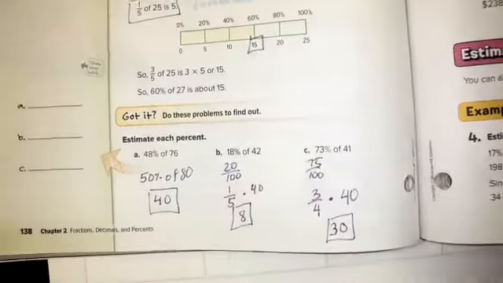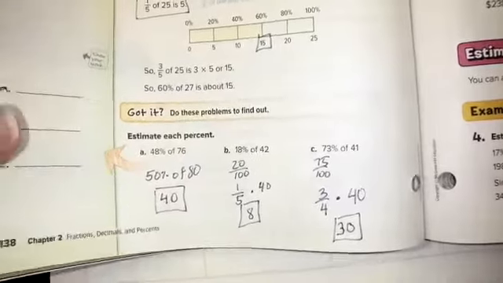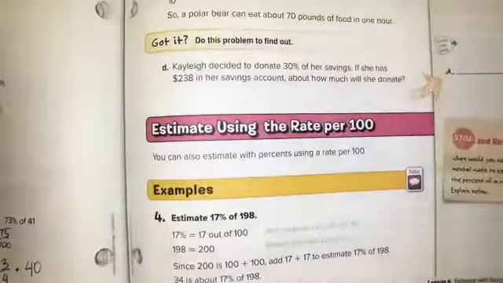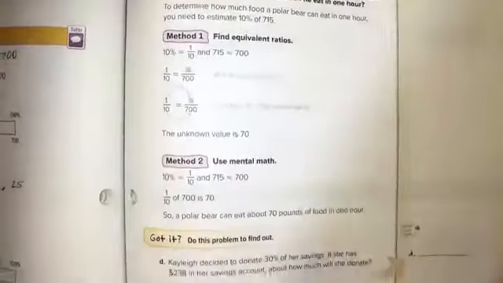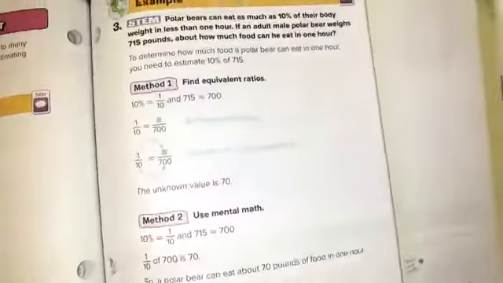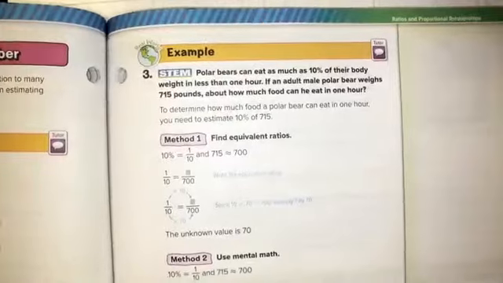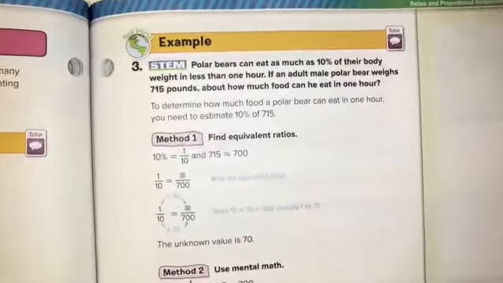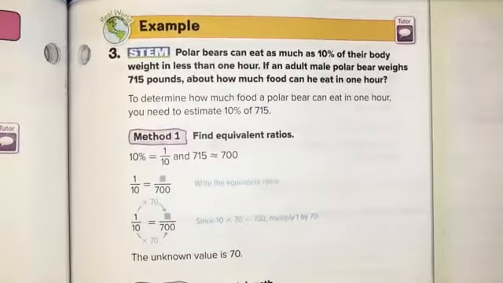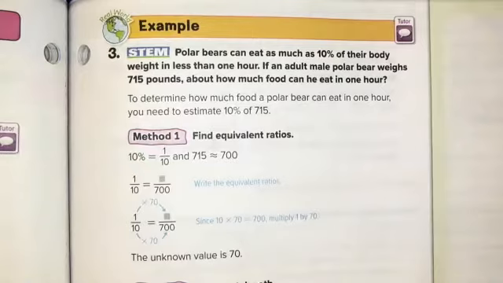And then moving on to page 139, example 3, we'll look at two methods. Number 3, polar bears can eat as much as 10% of their body weight in less than 1 hour.